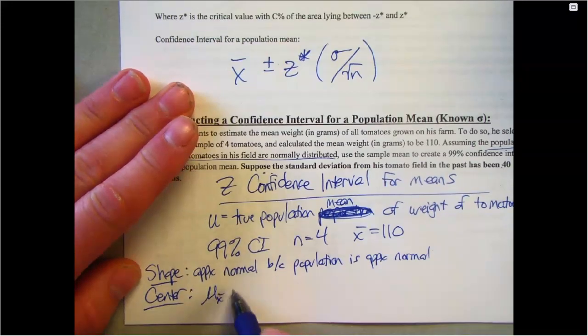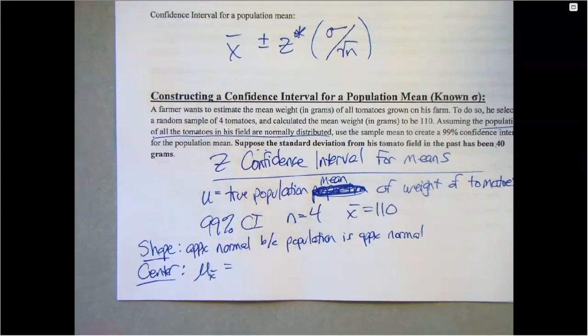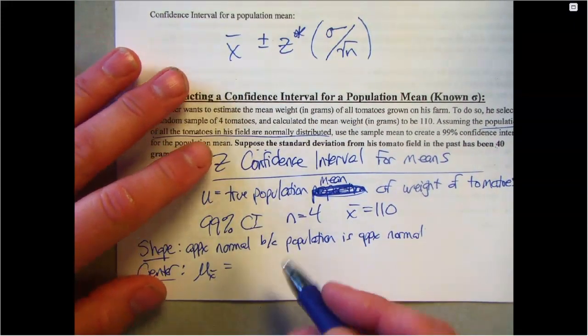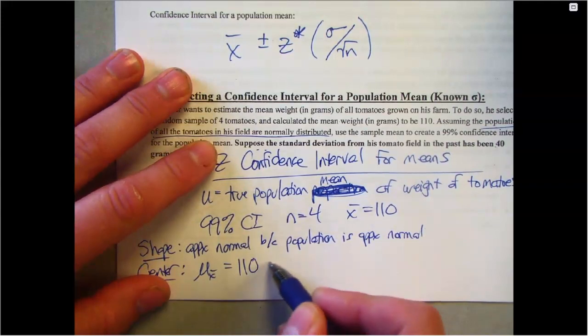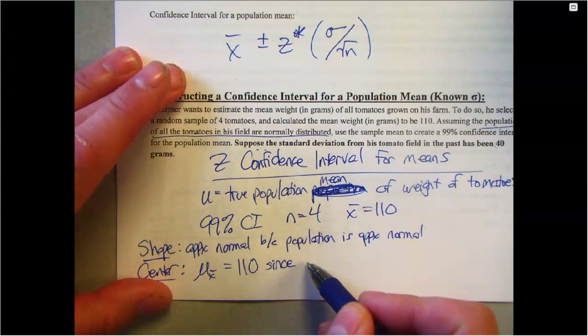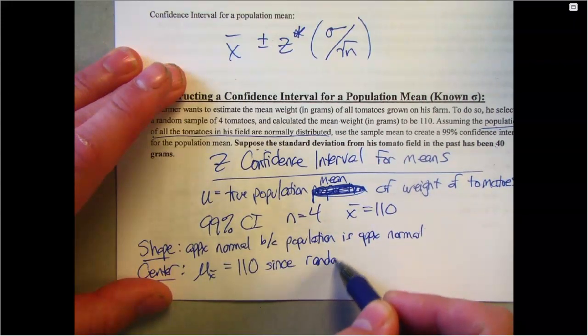The center of my sampling distribution will be 110 since we used randomness. Random samples.